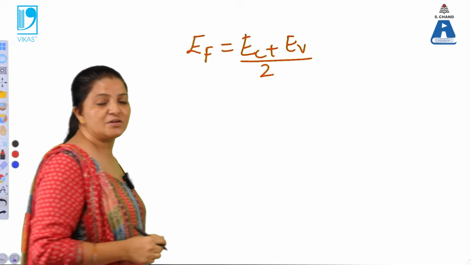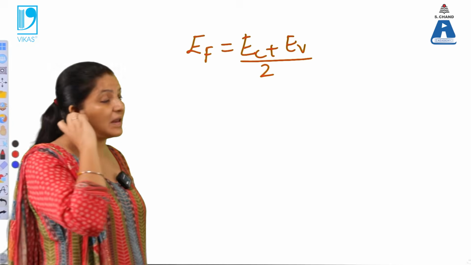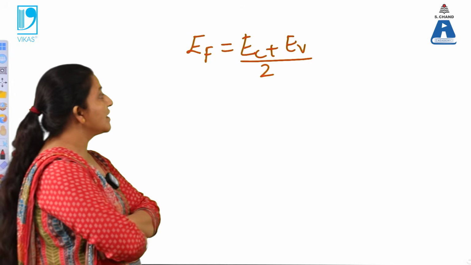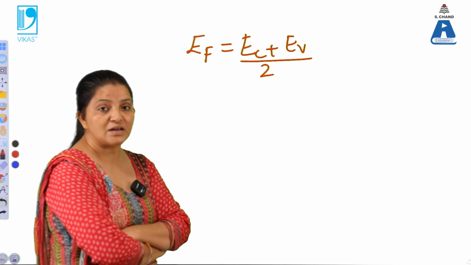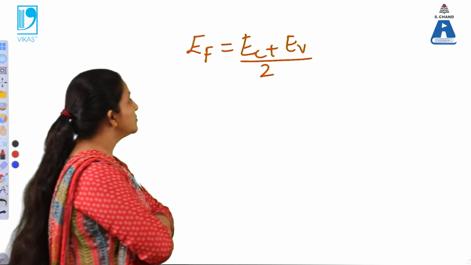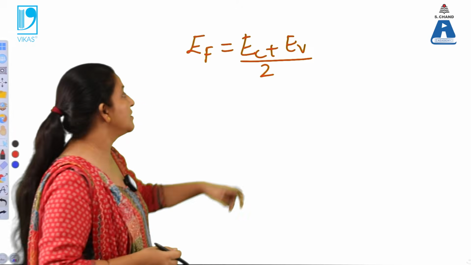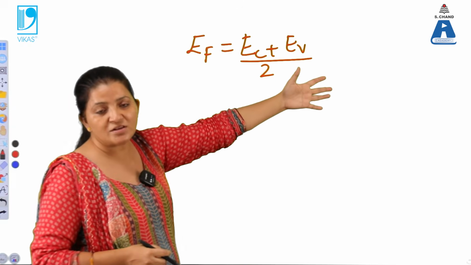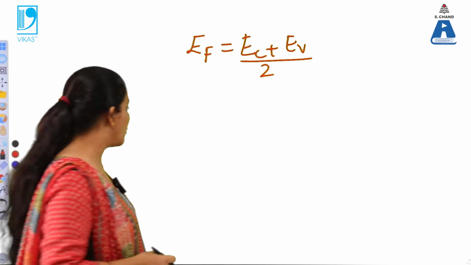So this is the Fermi energy, the energy associated with the Fermi level, or you can say that this is the Fermi energy of non-interacting fermions at absolute 0 Kelvin. Now in case of conductors or metals, where both are at the same level, the energy is equal to either EV or EC. So this Fermi energy can be calculated.